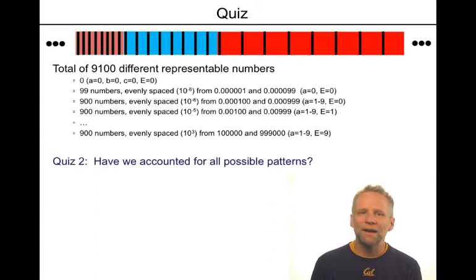We accounted for 900 illegal combinations before and 9,100 combinations that all give different numbers on the previous slide. So we've accounted for all the possible patterns. These 4 symbols, each taking one of 10 values, give us 10,000 possible patterns, of which 9,100 represent distinct numbers, and 900 represent something that we'll define later.